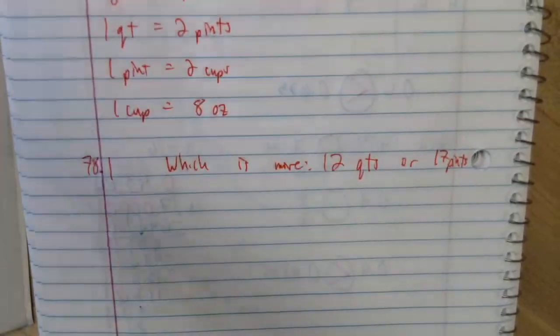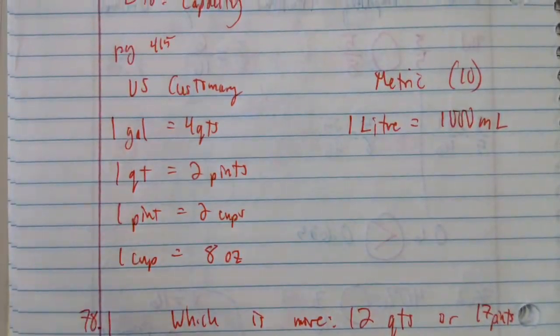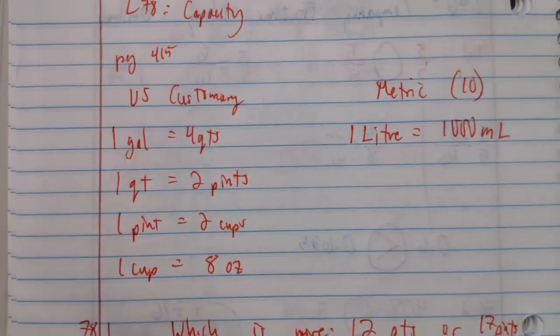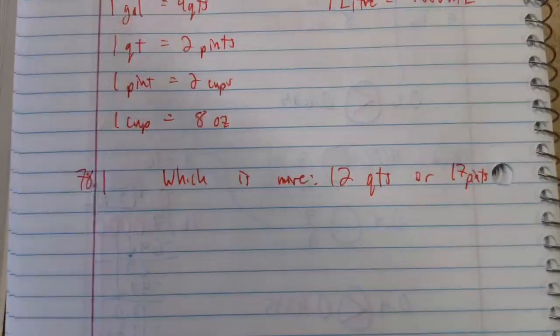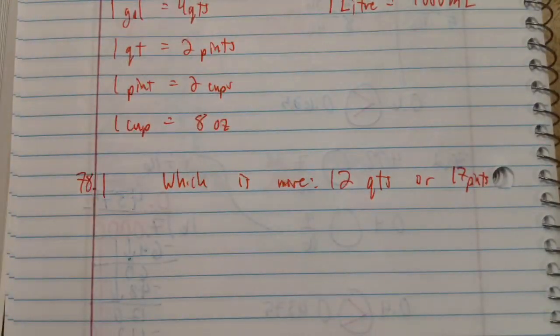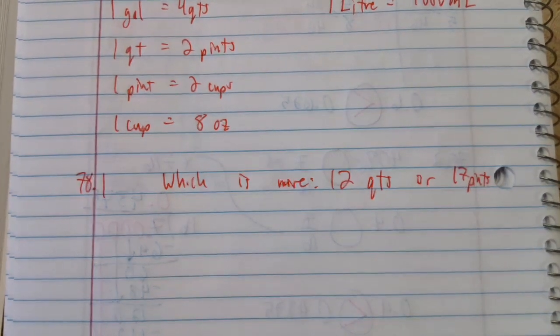In order to compare the quantities, we have to be able to convert them to the same unit. In the same way that when you add or subtract fractions, you have to have common denominators. Here, you've got to have the same unit. So, 12 quarts or 17 pints.